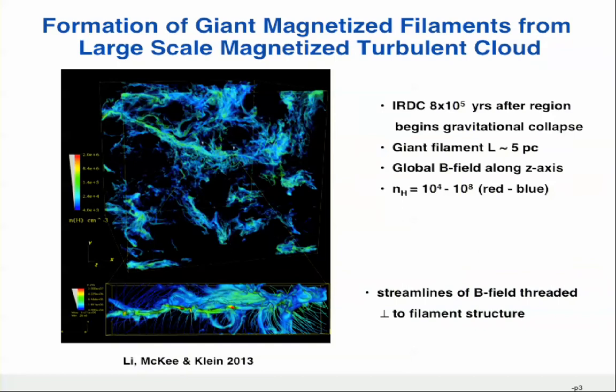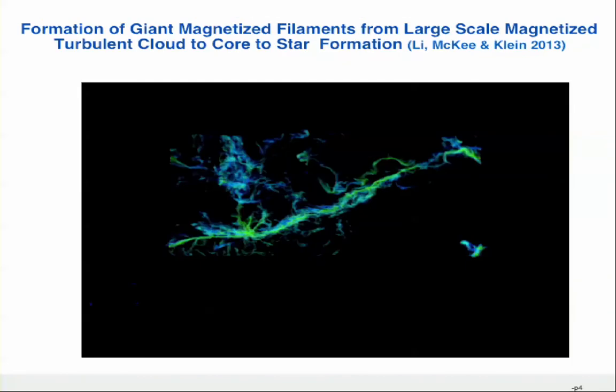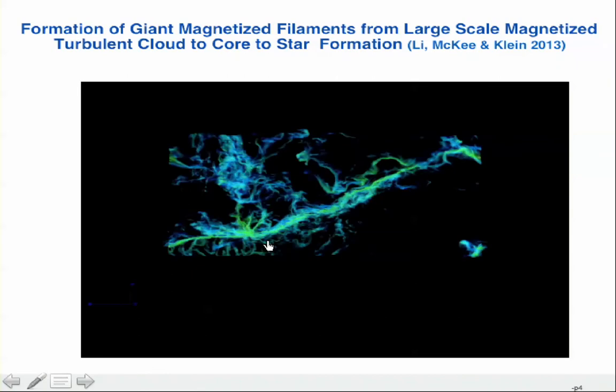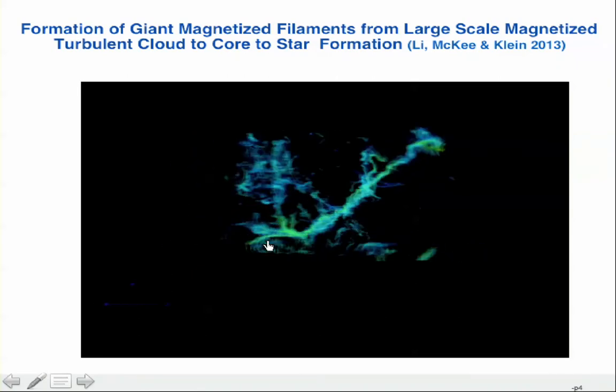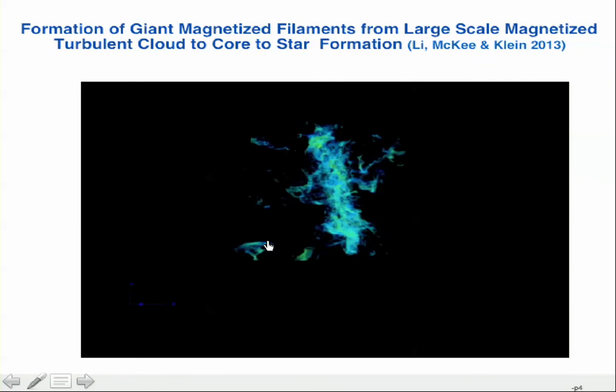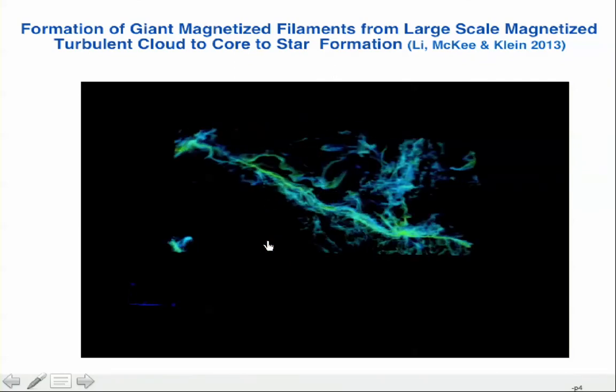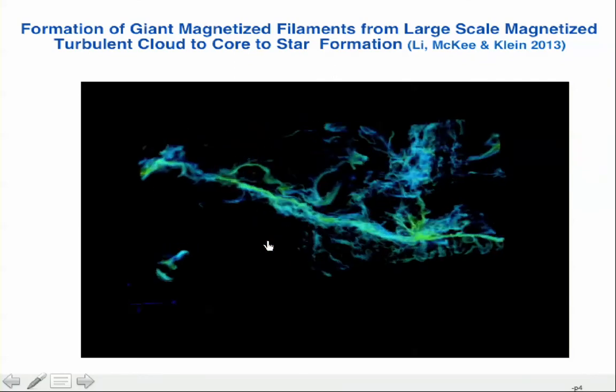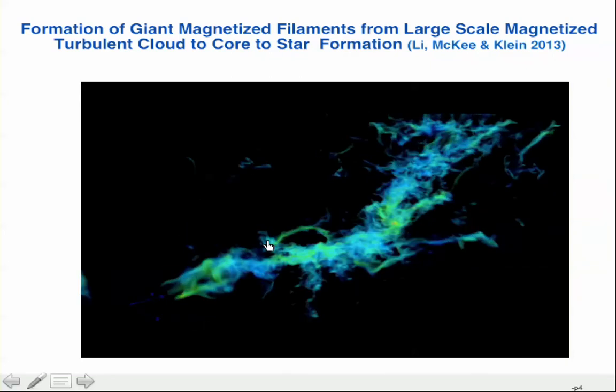Crucially, in that filament, we can start to see the formation of cores, and these cores are the embryos in which stars form. So if we take that filament and rotate it, so we can see the structure of it, these filaments are now observed as braided structures, and we have great correspondence to what's actually seen.